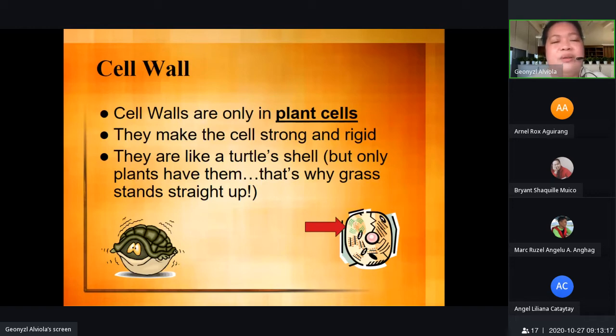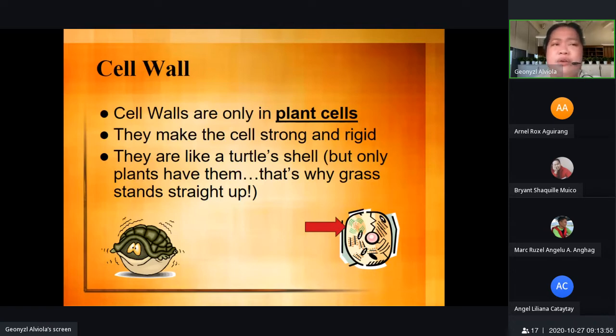Cell wall. Cell walls are found in plants and in protists, in protozoans, because some protozoans have a cell wall. A cell wall is also present in some species of bacteria during unfavorable conditions. The cell wall is a protective organelle and is highly observed in plant cells.